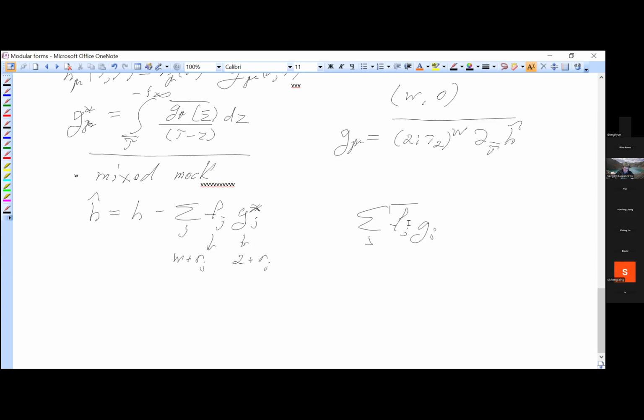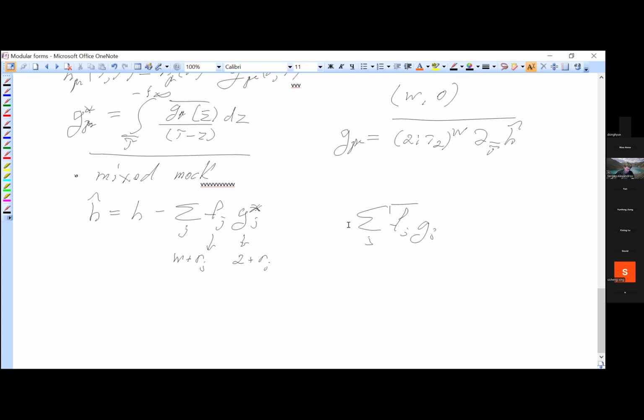For mixed mock modular forms, there is no such formula. As a result, it's not enough to compute the polar terms to get the full function. You need to solve the modular anomaly also in some way. I will talk about this more later, but the lesson is that the polar terms are not enough.